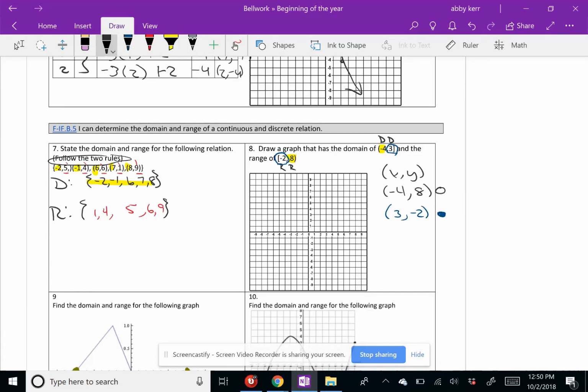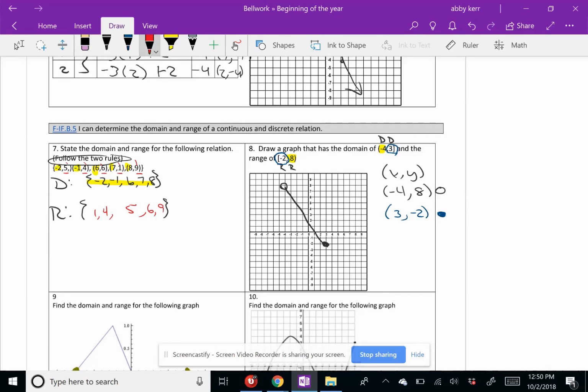So then negative 4 comma 8 is an open dot. And then 3, negative 2 is a closed dot. Now a question that came up today was, do we have to connect it? Yes, please do. Because that will give us the whole graph.